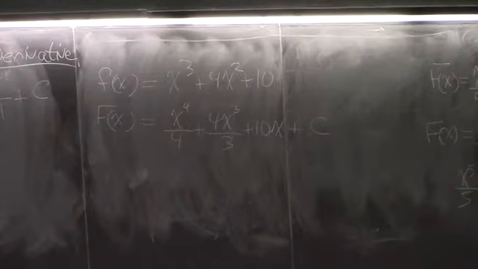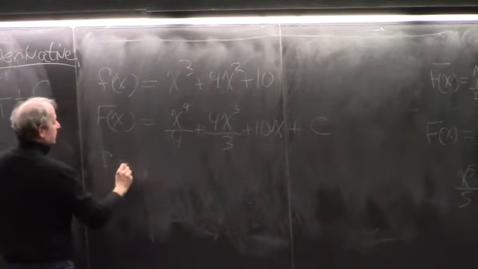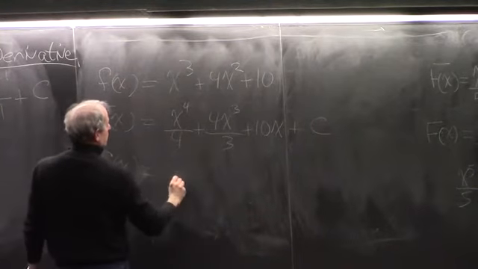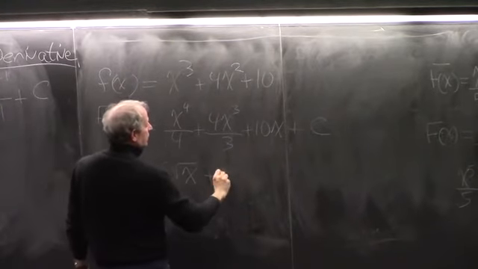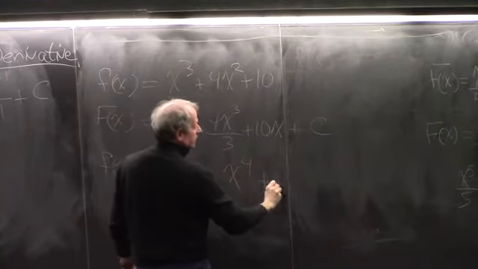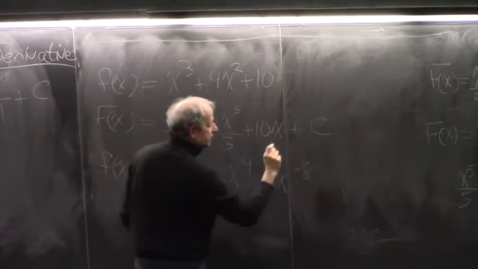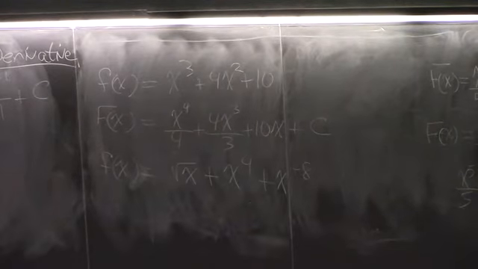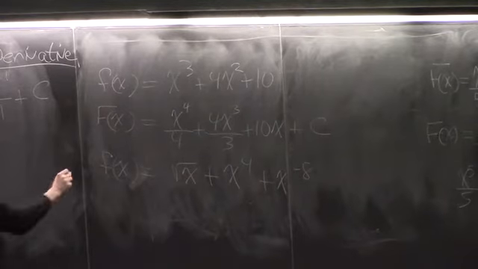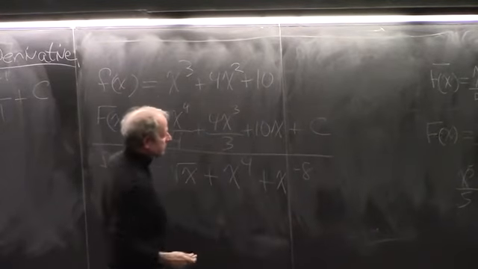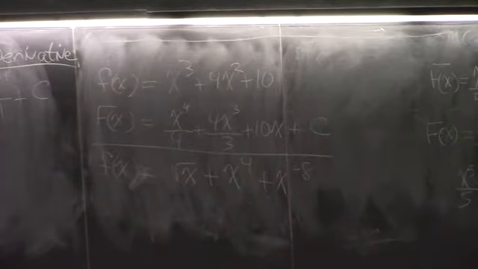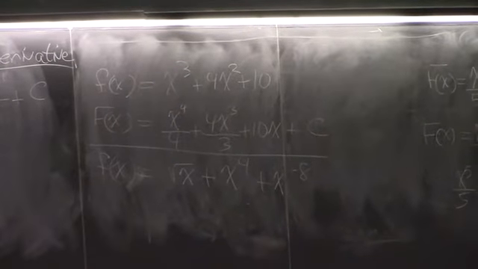Okay? So, one more, just to make sure everybody gets the idea. So there I had square root of x plus x to the fourth plus x to the minus e. And we're going to do the antiderivative.